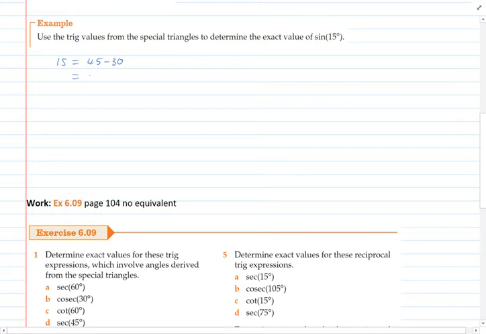Okay, or we could write it as 60 minus 45. So either of those combinations could work. So what we want to work out is sine of 45 minus the angle of 30.